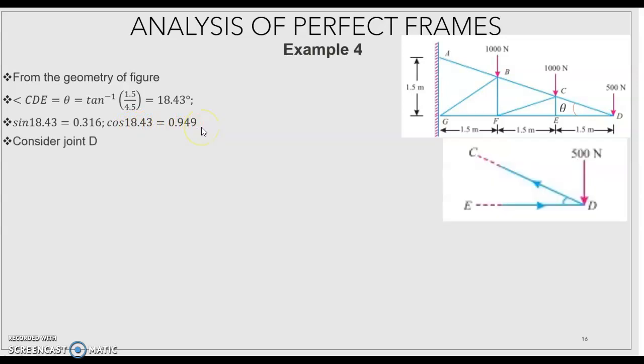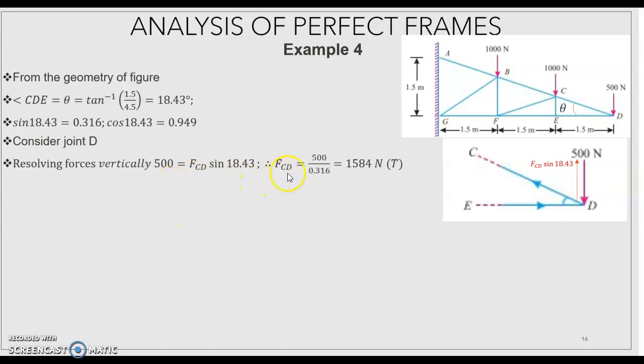Then consider joint D. Draw the free body diagram of joint D. Here the vertical forces are the 500 Newton load at joint D and the vertical component of the force in CD, FCD sin 18.43. Equating these two, we get FCD equal to 1584 Newton tension.